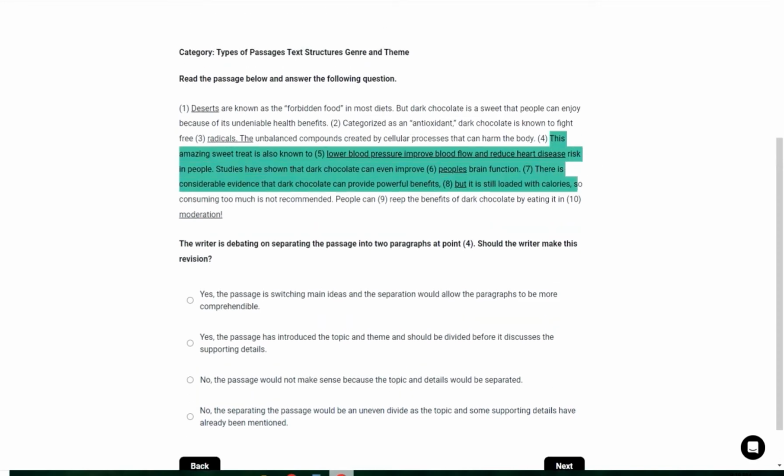If we split this right here, it's almost like we're taking away from that whole first paragraph because, hey, we talked about how this helps fight free radicals, it has health benefits. It's almost like this is more supporting details, and it would create this weird divide between the main idea of this topic and then all the supporting details. And so that would be the best answer.